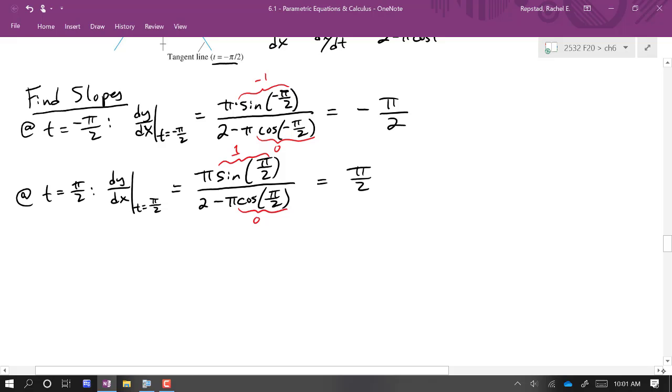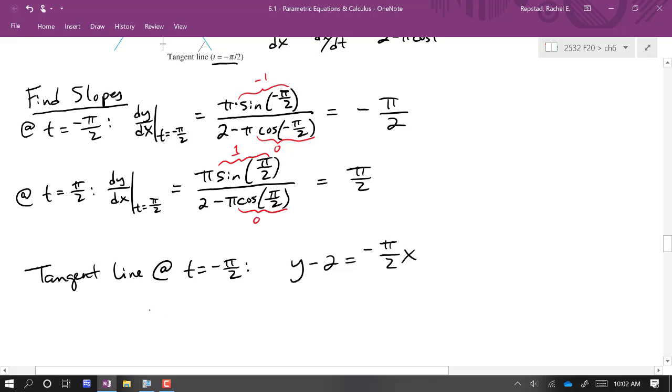We know that our point is (0, 2). So when t is negative pi over 2, we get y minus 2 is negative pi over 2 times x.